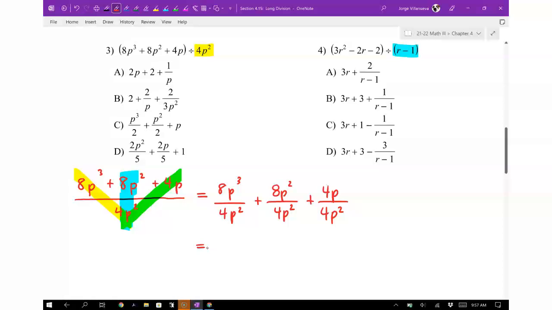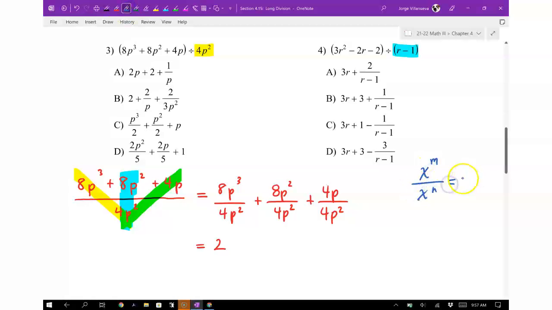So 8 divided by 4 is what? 2, right? So I'm going to write 2. Now, p cubed divided by p squared. You guys remember the trick to dividing common bases with different powers? If you don't, let me give you a real quick reminder.